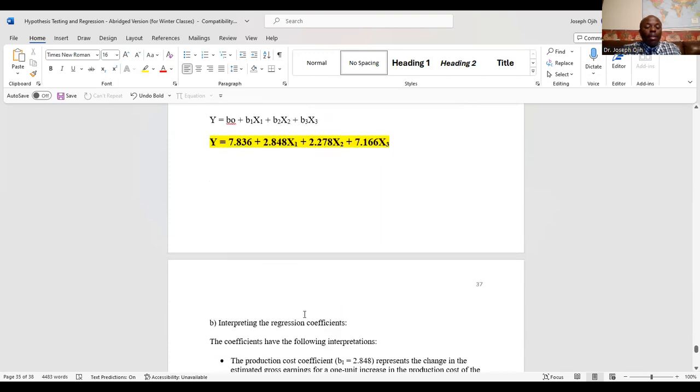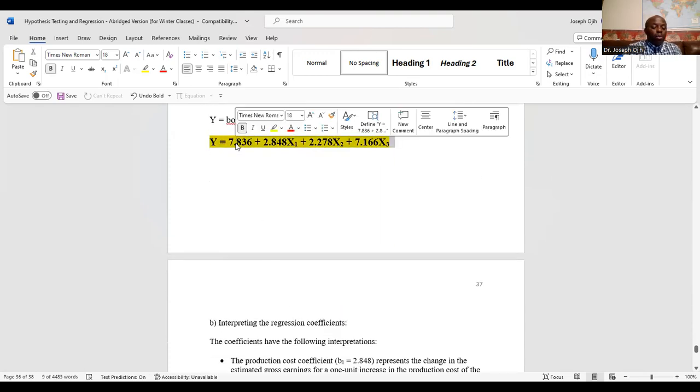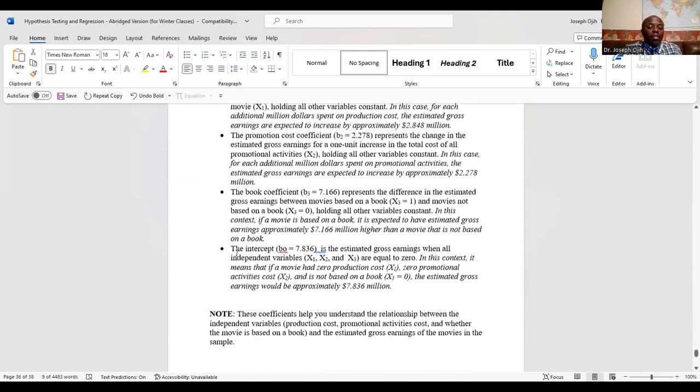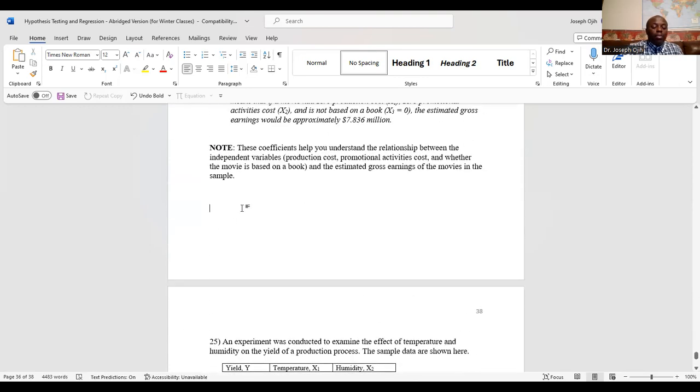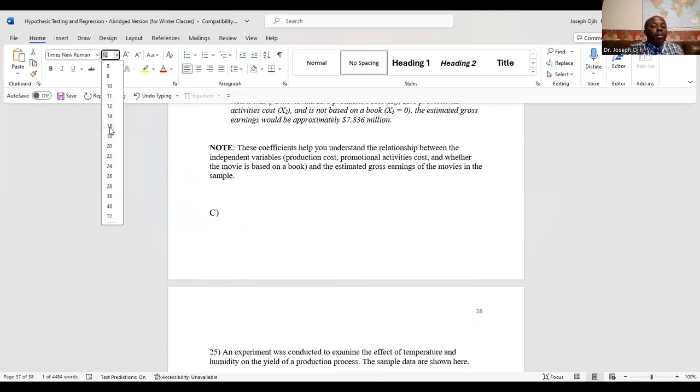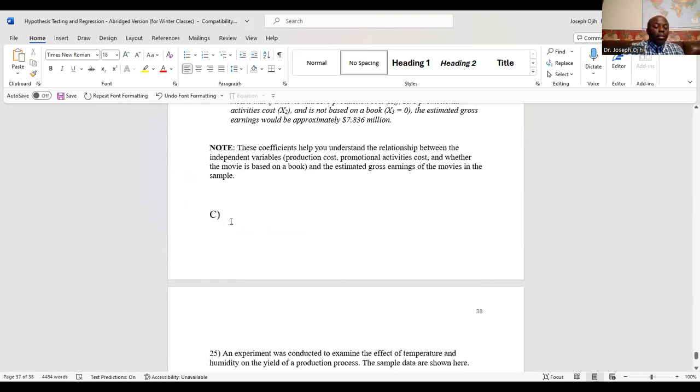So let me go and type them in. We'll be using this regression equation to solve it. Part C will be right here. Let me make it bigger, make it 18. So you have X1 equals 14, X2 equals 5 and X3 equals 1.